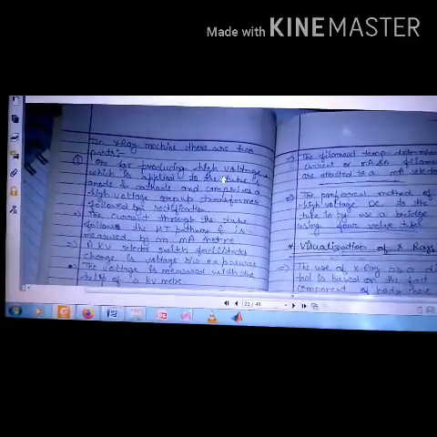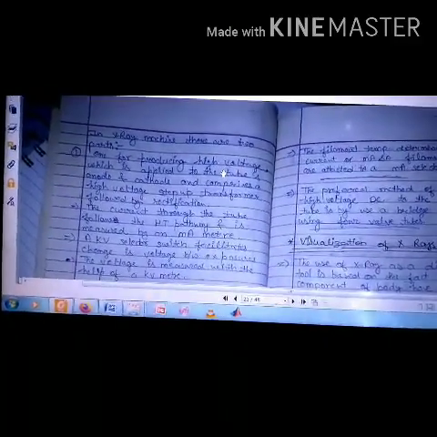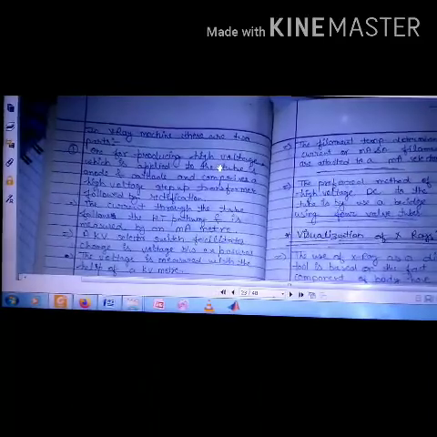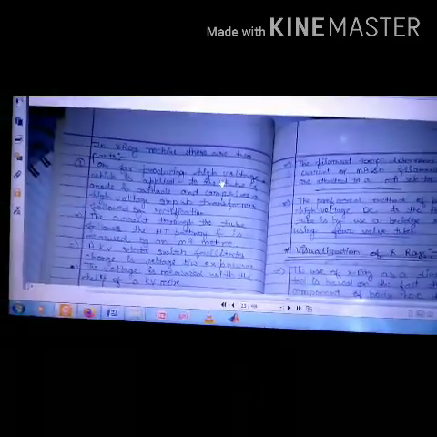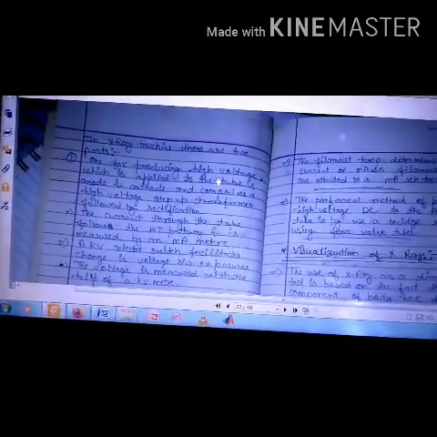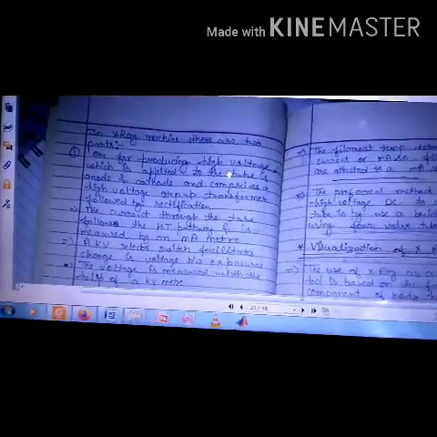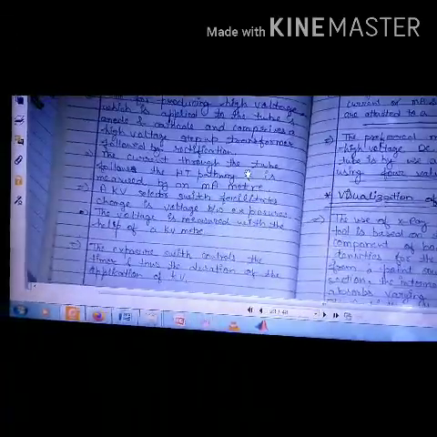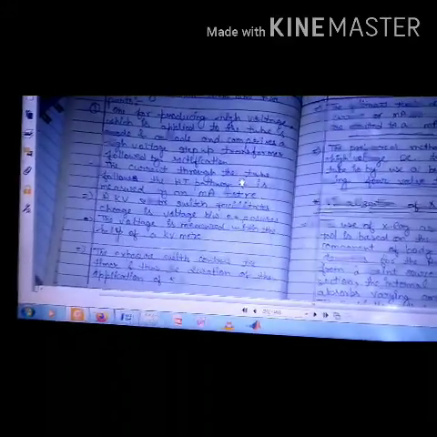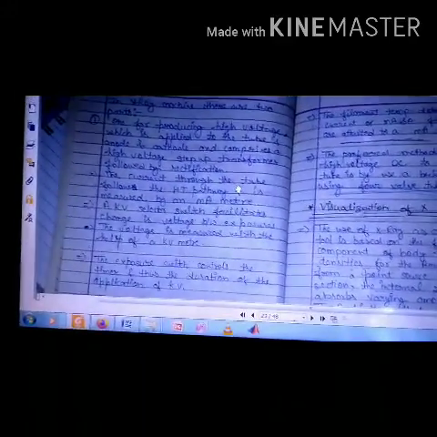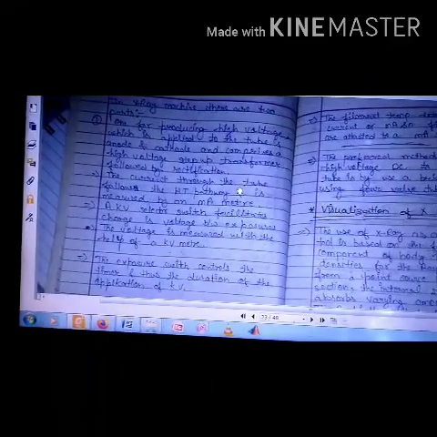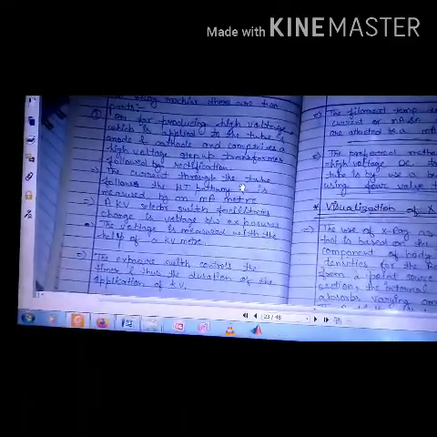The current through the tube follows a high tension path and is measured by a milliammeter. Then the kV selector switch facilitates changes in the voltage between exposures, telling how much voltage we need for the particular exposure.